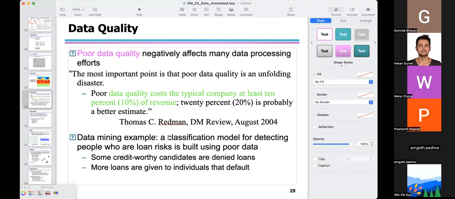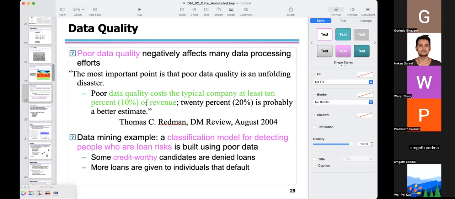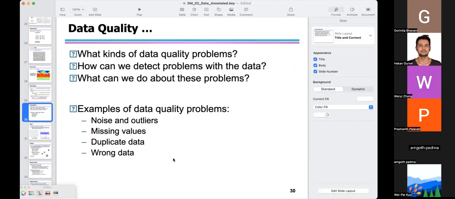Let's say we want to detect people who are at risk for repaying back their loan. We want to evaluate a person based on their credit report, if we should give a loan to that person or not. Then obviously data needs to be correct about the person, or else you could be making a false positive or a false negative decision.